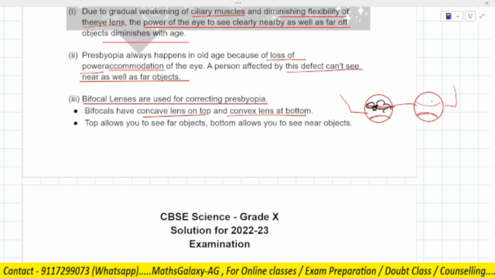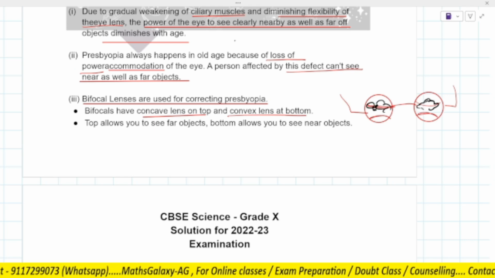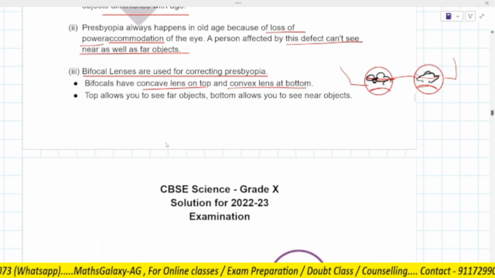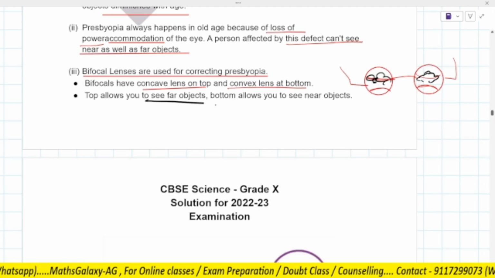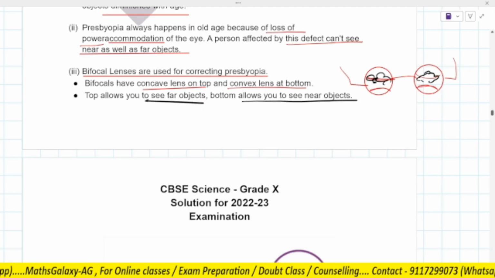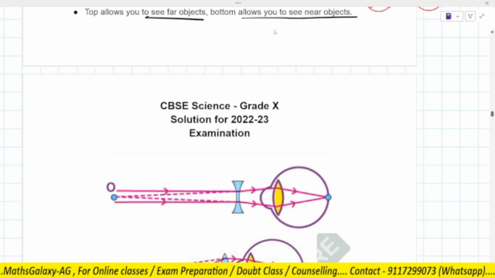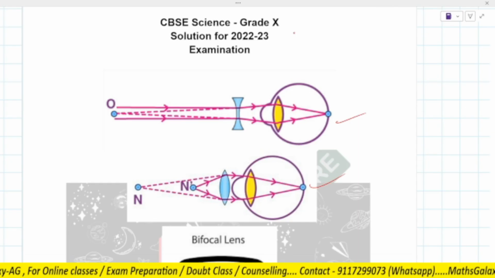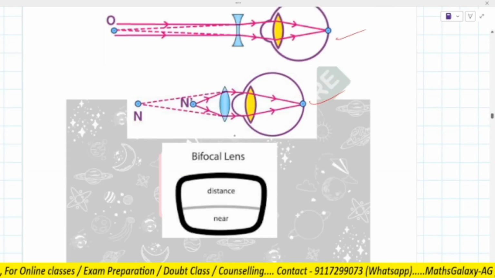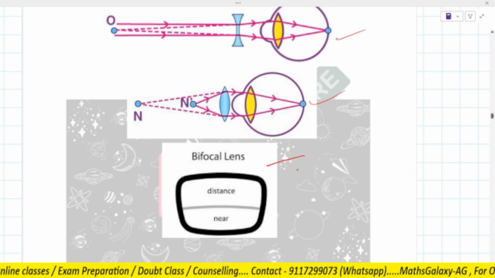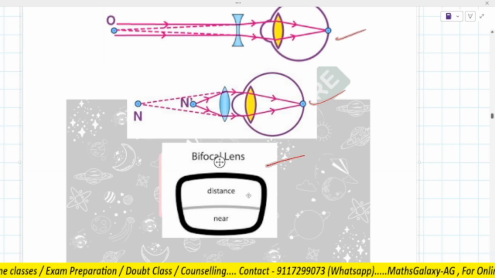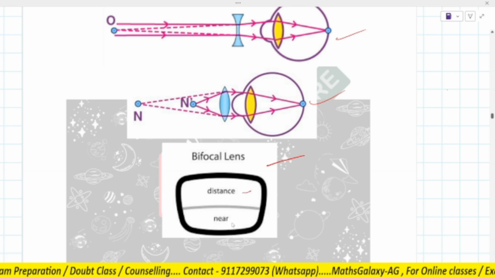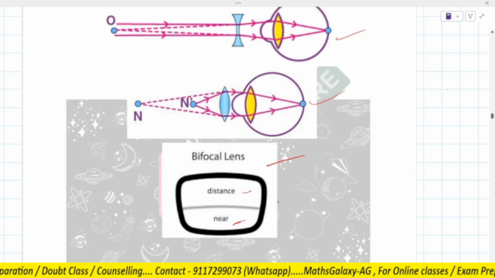Is it clear now? The top allows you to see far objects as it is concave, and the bottom allows you to see near objects, right? See here, like this. And you can show it like this, a bifocal lens. The distant objects one will see from the upper portion, and the near objects from the lower portion of the glass.